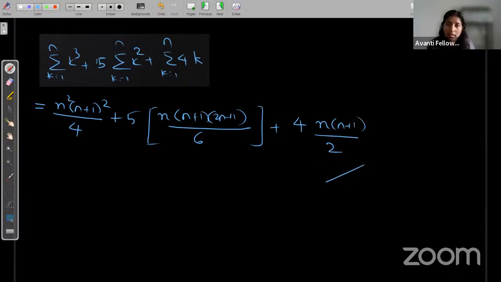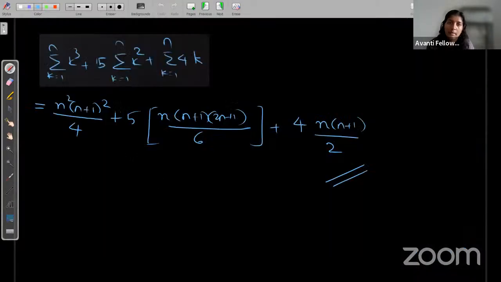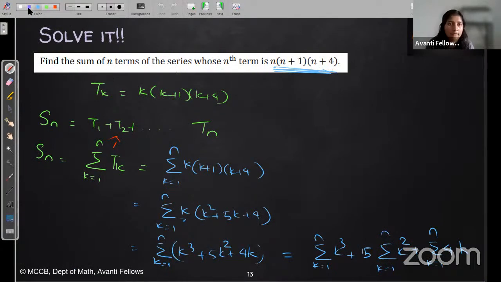This represents the sum of the n terms of the series whose nth term is this. Is it clear to you? Any doubt in this question? Just make use of the formulas that we discussed in our previous class.